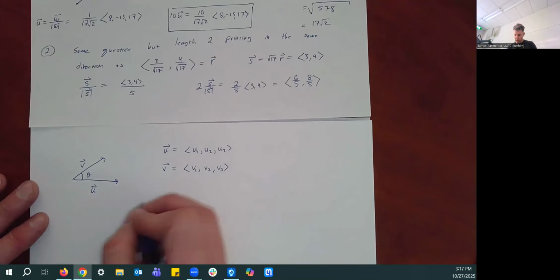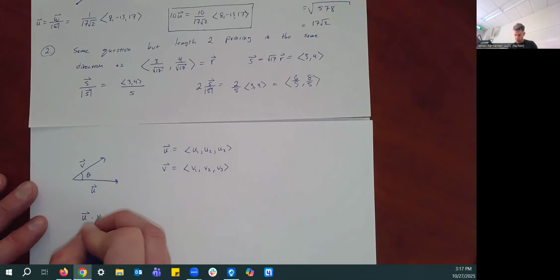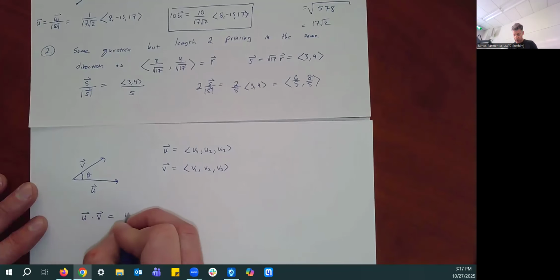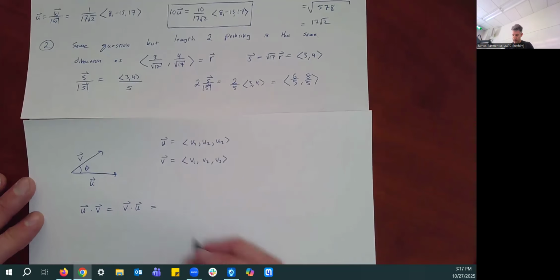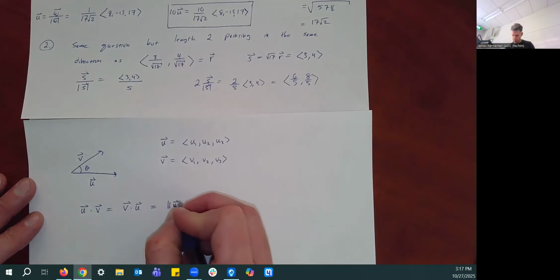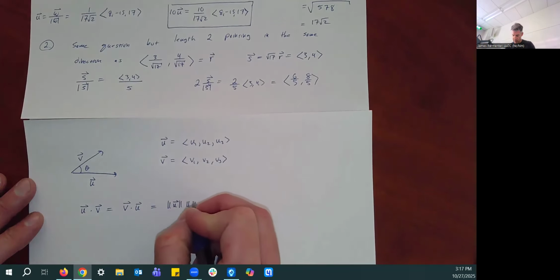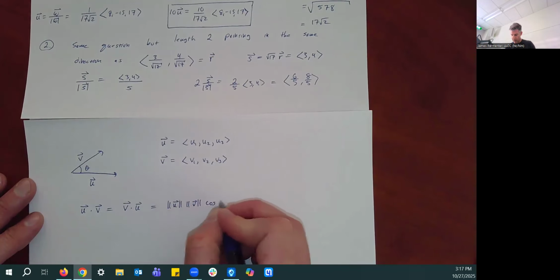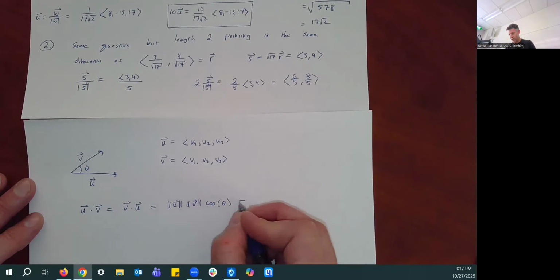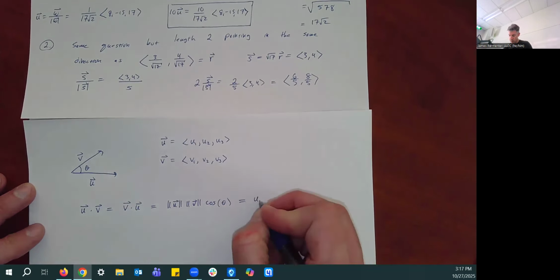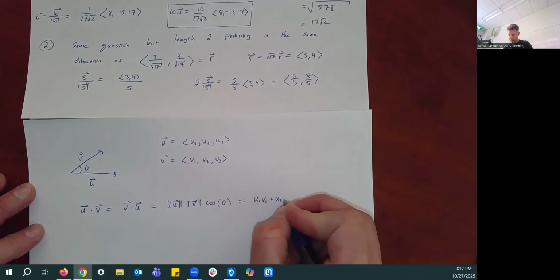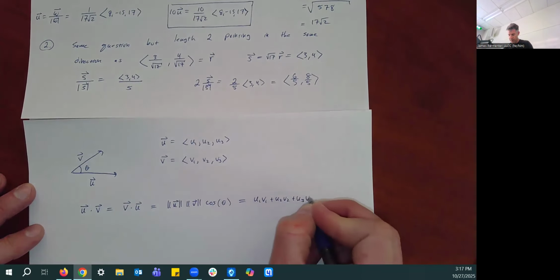Then u dotted with v, which is equal to v dotted with u, you can either think of as the length of u times the length of v times cosine of the angle between them. But you can also calculate this by multiplying the corresponding components together and adding up the results. So it's u1 times v1 plus u2 times v2 plus u3 times v3.